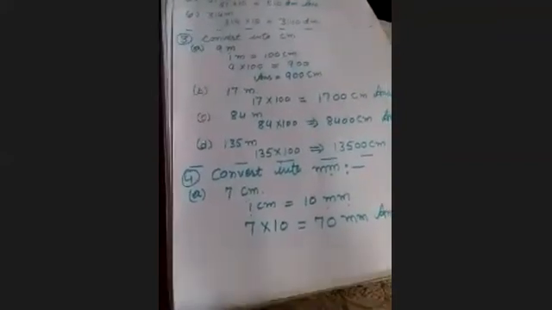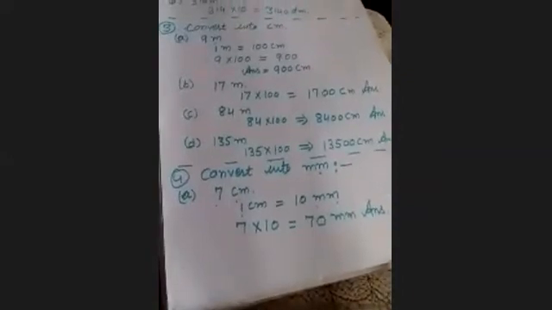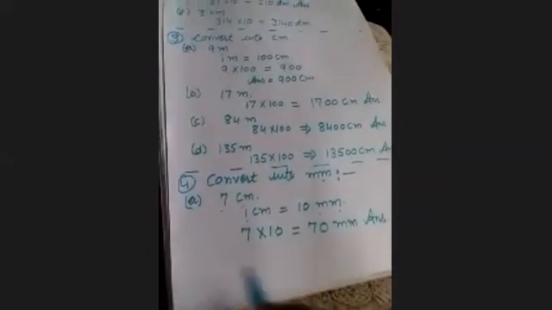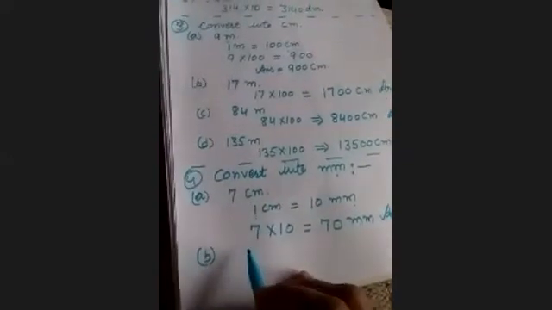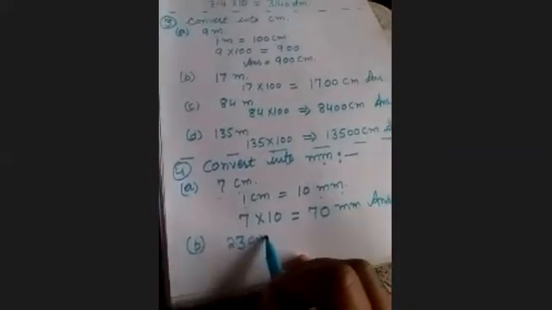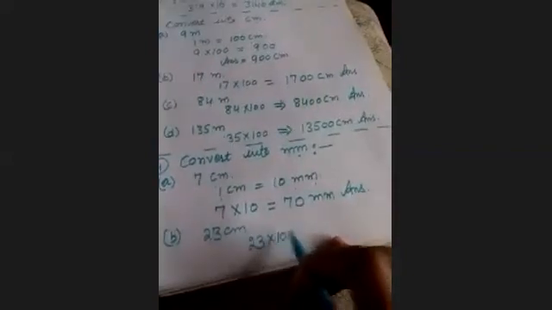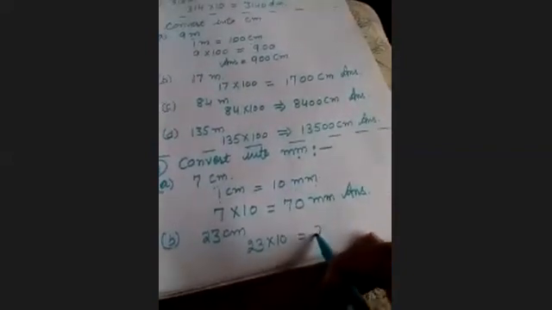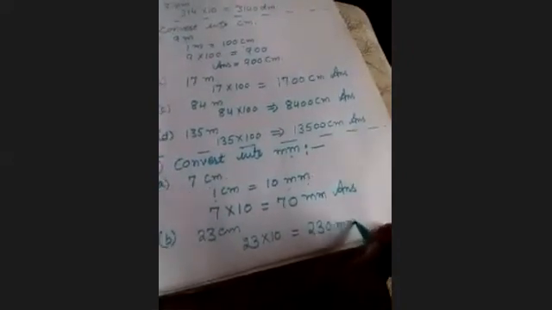Next is part B. Part B is 23 centimeter. 23 multiplied by 10 is equal to 230 millimeter.